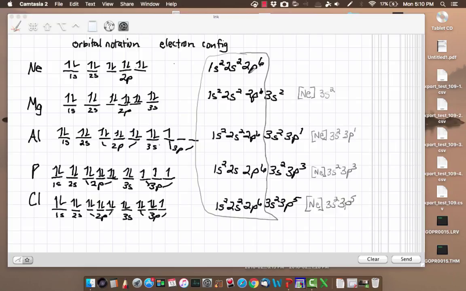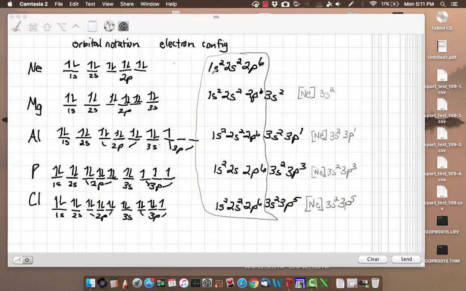Now here's a question. What would we do to get the noble gas electron configuration of neon? A lot of students suggested that we just put neon in brackets, and we can't really do that. We need to look at which other noble gas this electron configuration has in common with.